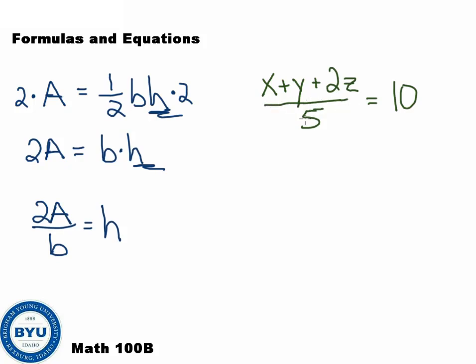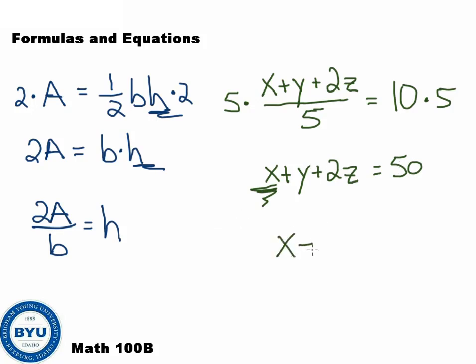So to undo the divide by 5, we would multiply both sides by 5. In doing that, we'd be left with x plus y plus 2z equals 10 times 5, which is 50. Again, we're trying to get x by itself, so we would just subtract all that over. We get x equals 50 minus y minus 2z. So we would subtract the y to both sides, subtract the 2z to both sides to get that answer.